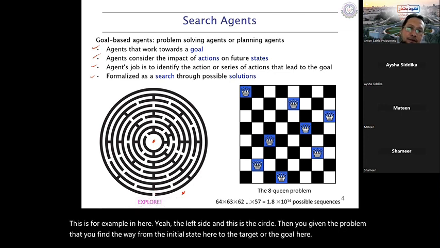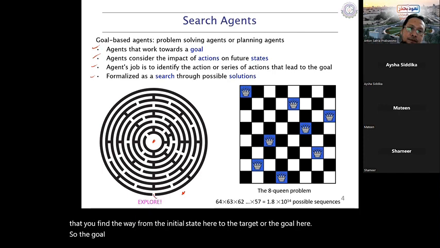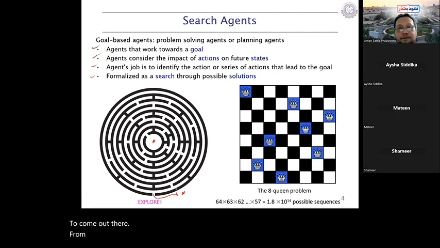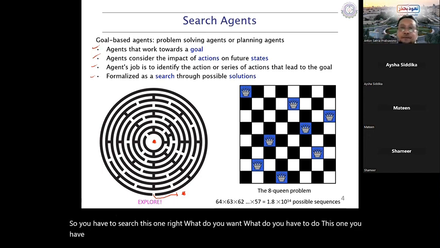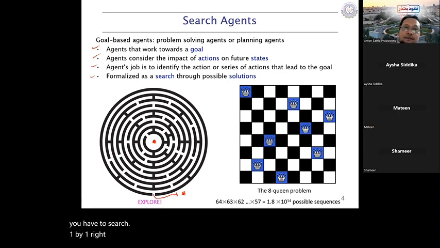The goal is actually to come out of this kind of circle, from the initial state. So you have to search one by one. Manually, we can search one by one, the alternative ways.